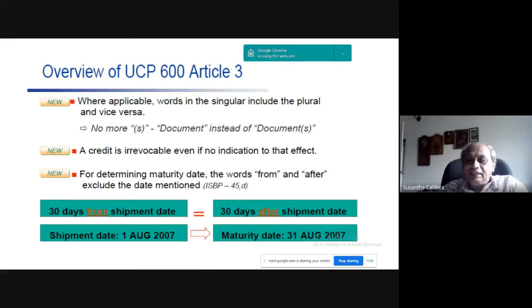Then for calculation of the maturity date, the countdown starts excluding the date mentioned. 2nd August, 3rd, 4th, 5th, 30 days, the maturity date is 31st August 2007. Is it clear?